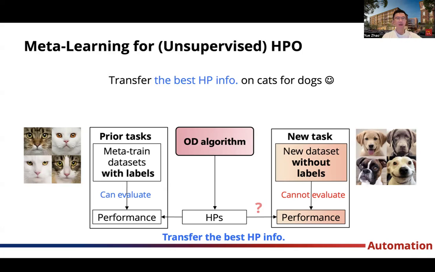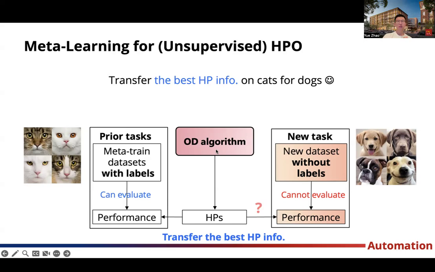First of all, what's meta learning? In general, say you have some historical tasks, called meta-train data sets, for which you have the label information for evaluation. And you have a new task, where we don't have the labels. You want to choose the best set of hyperparameters for the specific OD algorithm.